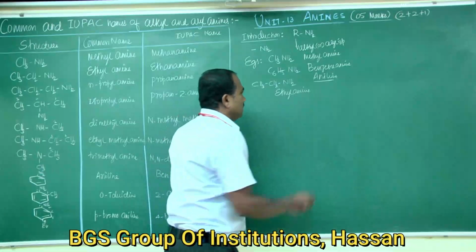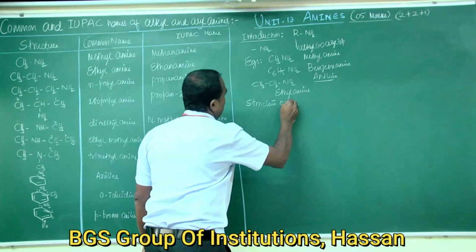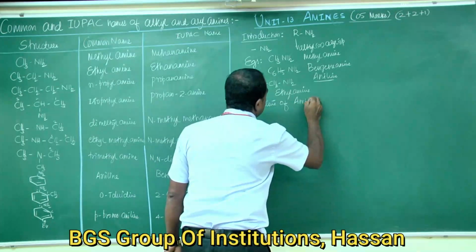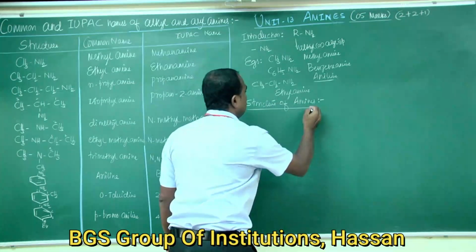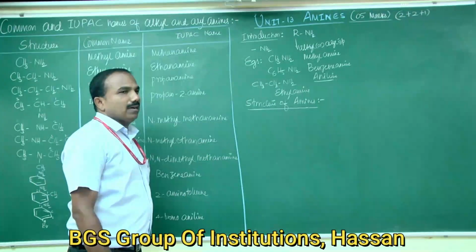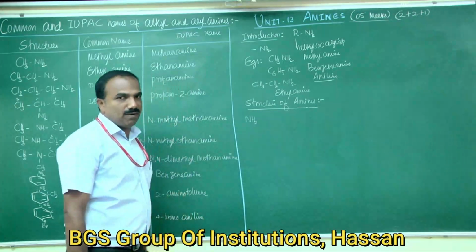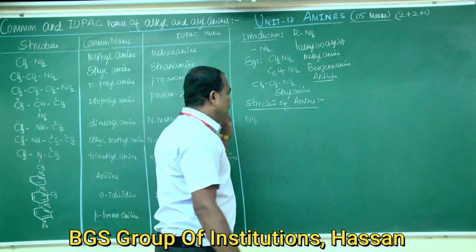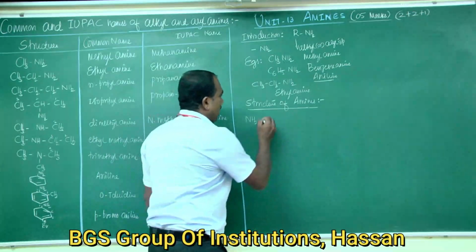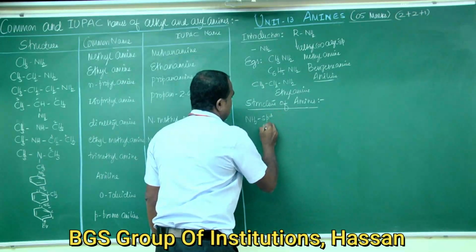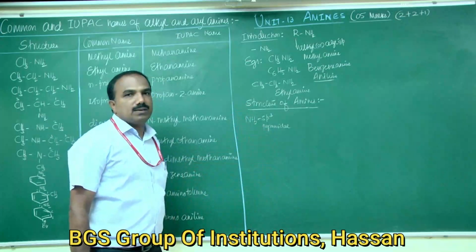Next is the structure of amines. Like ammonia. You have already learned the structure of ammonia. The ammonia molecule has a pyramidal structure and undergoes sp3 hybridization.